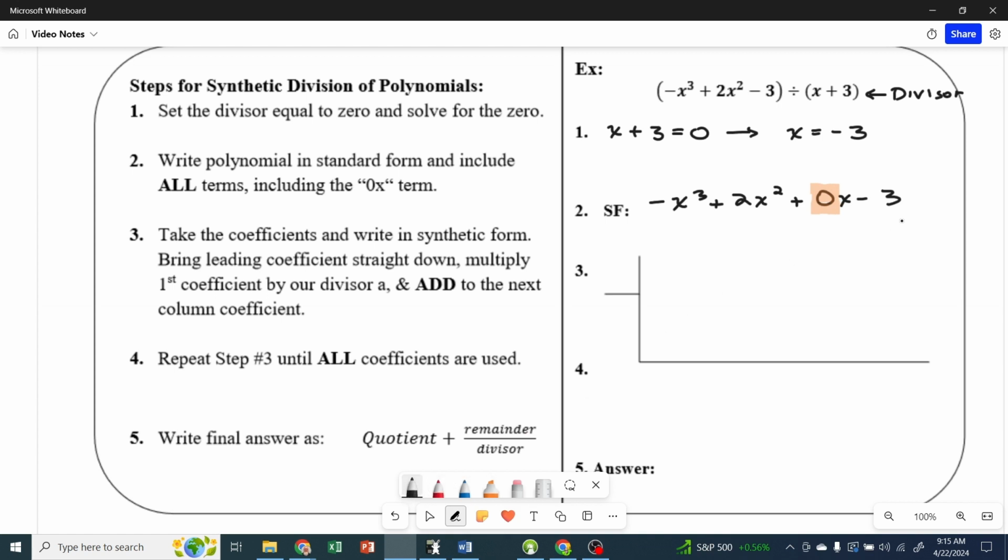And now what we do is we take this 0 and we put it right here. Okay, so the 0 goes right here. And then we write out all these coefficients. Negative 1, 2, 0, negative 3.